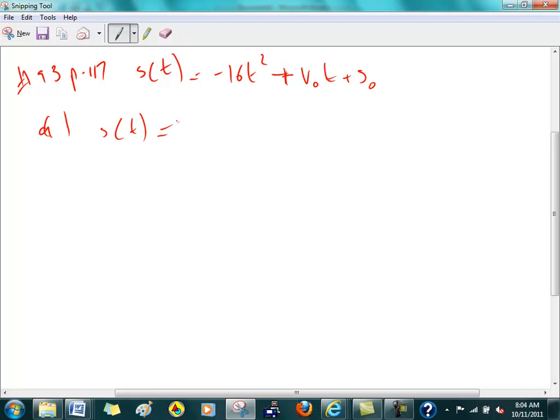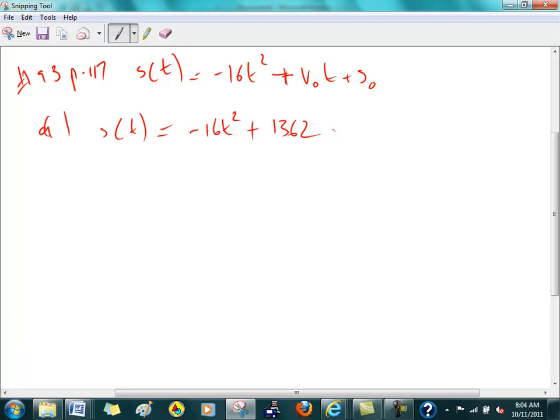V0 is 0. So this becomes minus 16t squared. And from what height are you dropping it? 1362. So S0 is the initial height of the object. That's your position function.